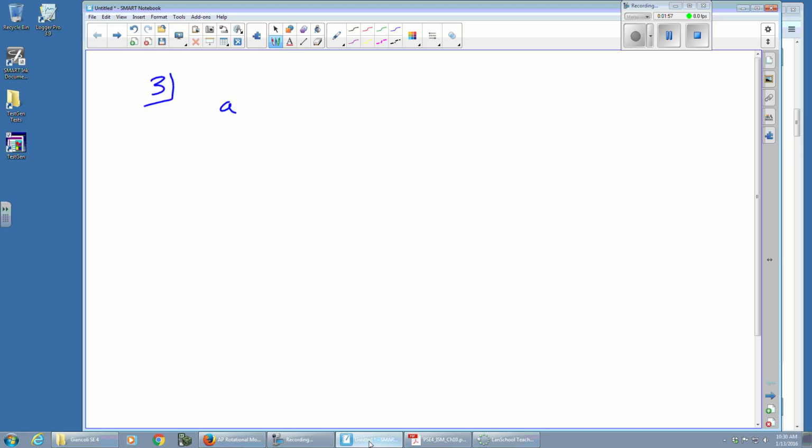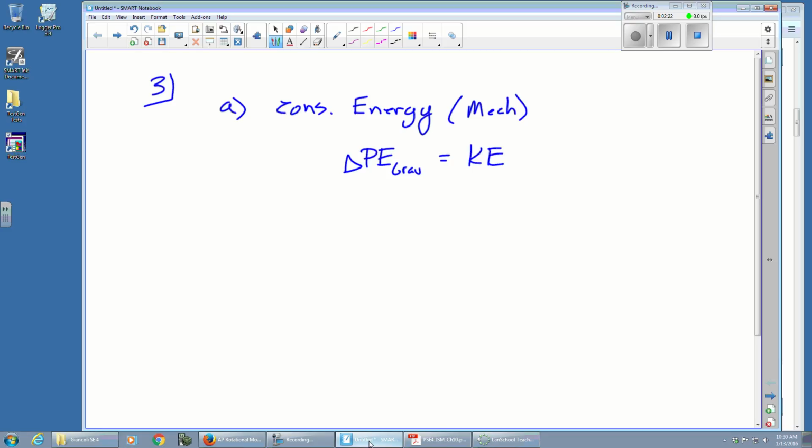is for A, the conservation of energy. And of course, mechanical energy is the one I'm really concerned about. So its gravitational potential energy of the system is going to equal the kinetic energy of the system.